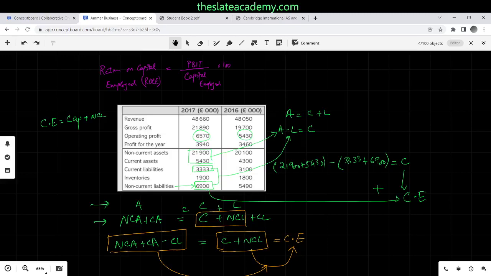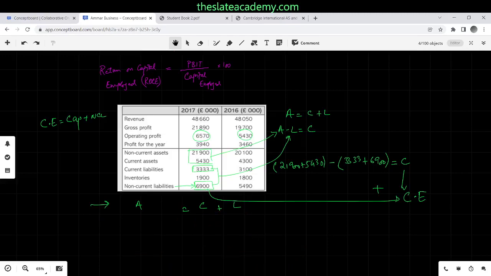Lost? A little bit. I'll recap. Look over here. Assets are equal to capital plus liabilities, right? Yeah. Amar? Yes. Instead of assets, can I write non-current assets plus current assets?